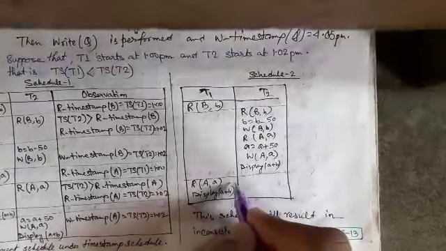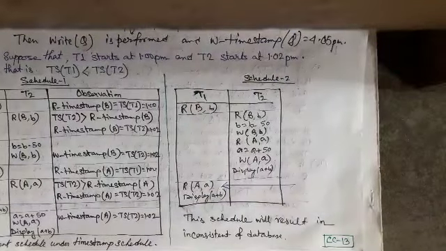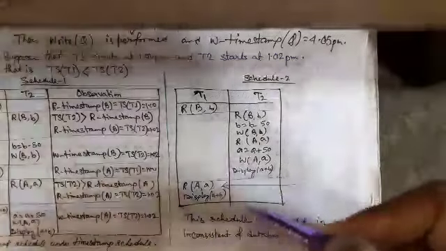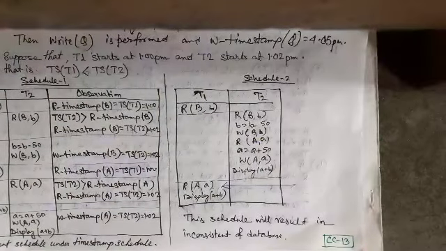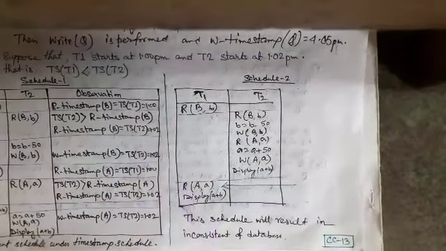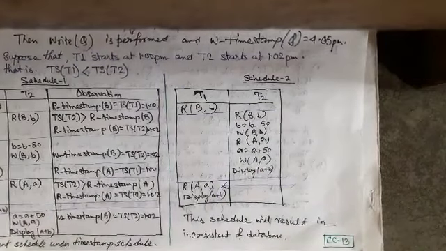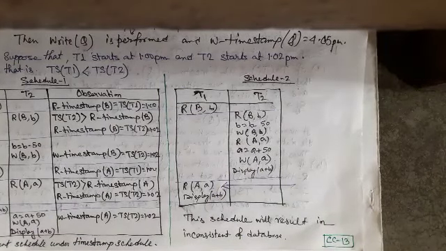So this will not be permissible, not granted, and T1 is rolled back. So schedule 2 does not satisfy the timestamp ordering protocol, and this schedule is also inconsistent.